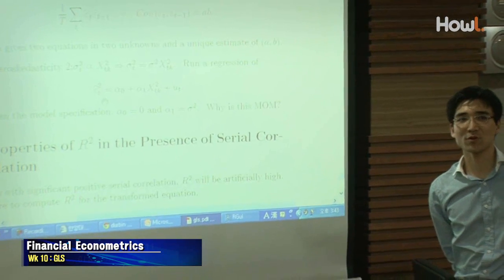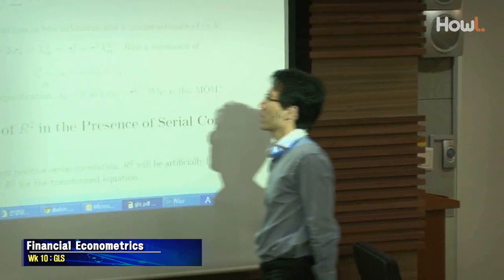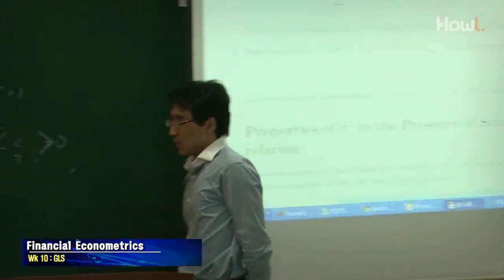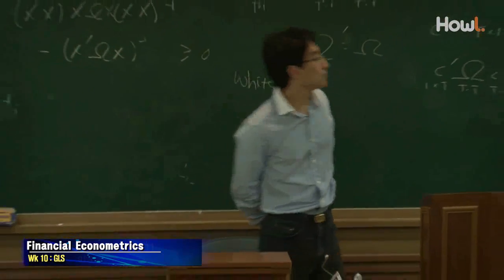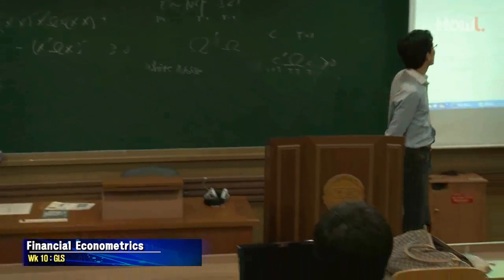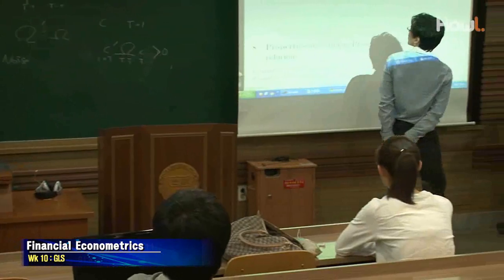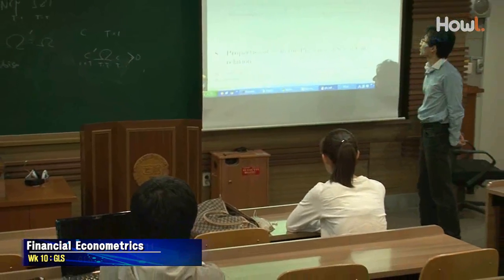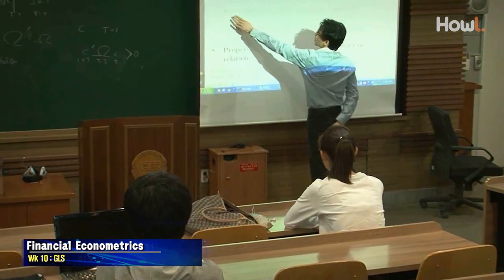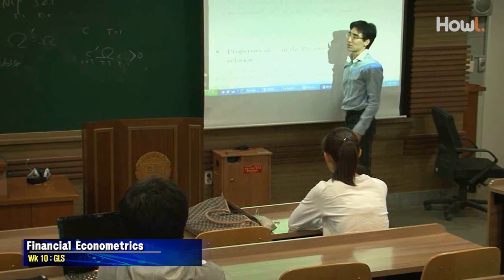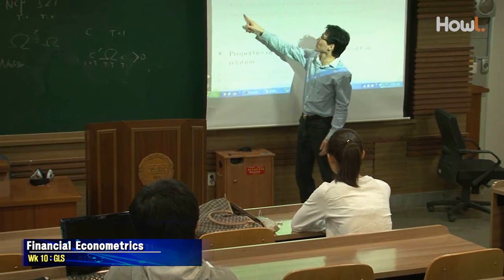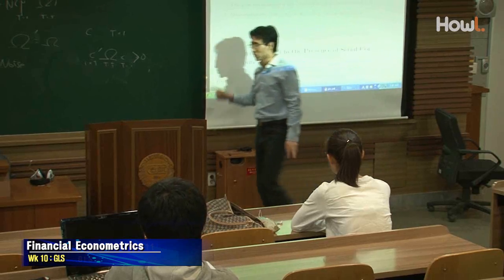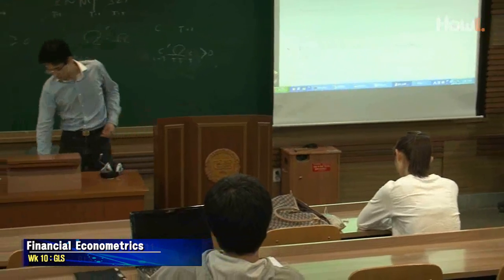Any questions? They're all straightforward, aren't they? Which one, number 3? It is heteroscedasticity, the second type of heteroscedasticity.